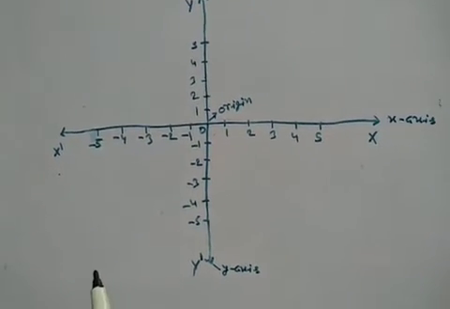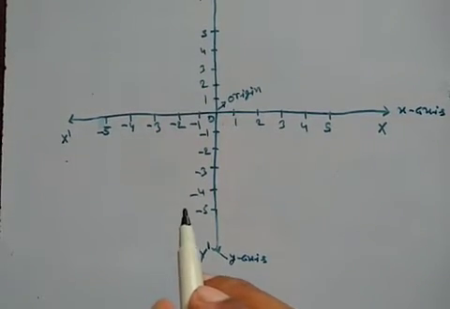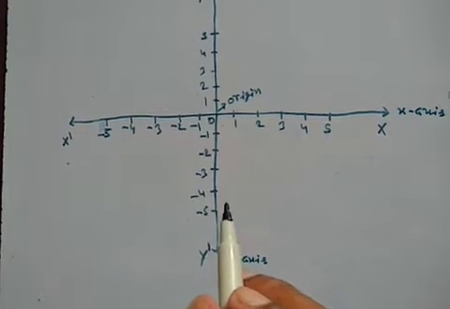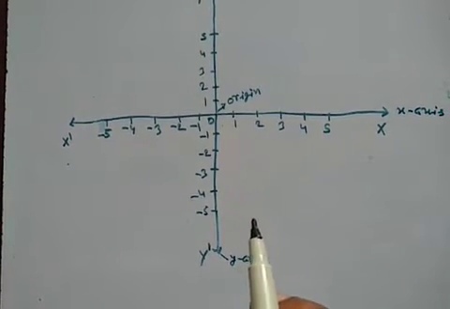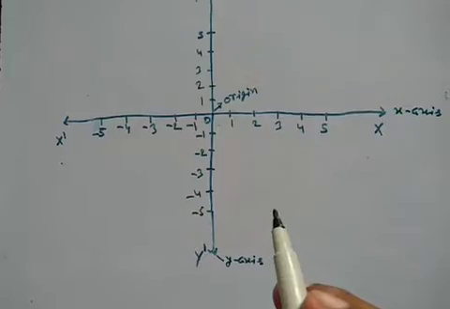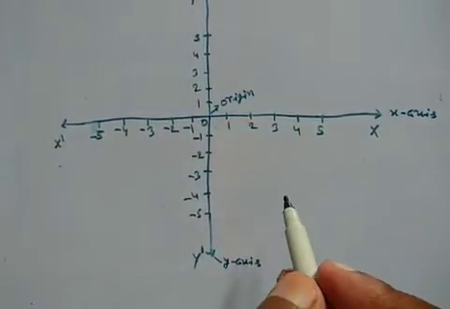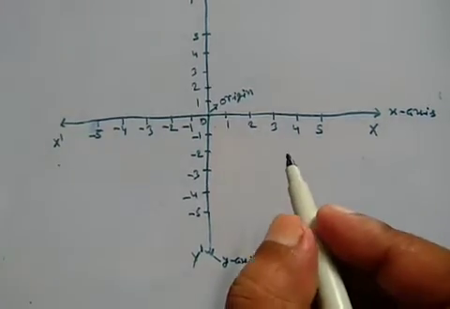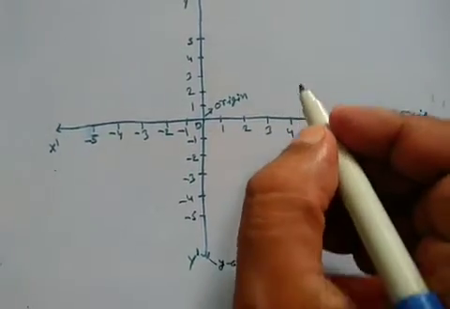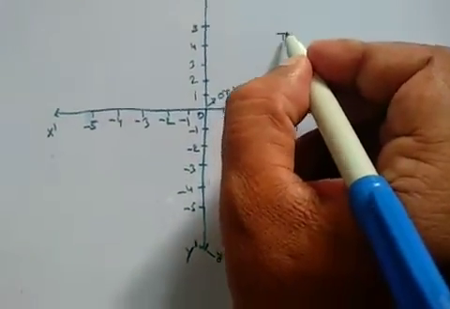Children, also remember that these two number lines divide the plane into 4 parts. First part, second part, third part and fourth part. Each part is called a quadrant. Namely, this is called the first quadrant.